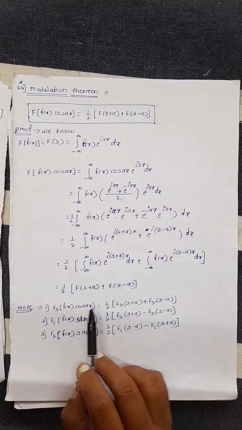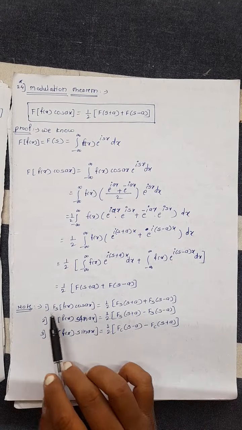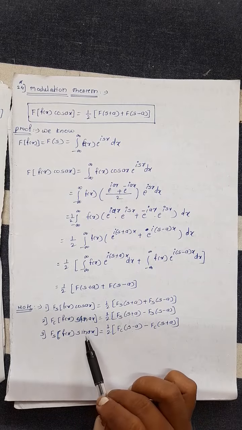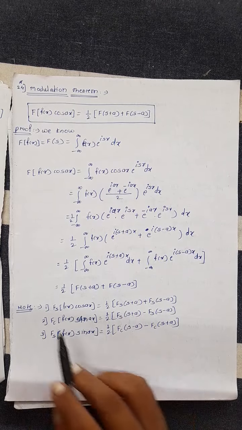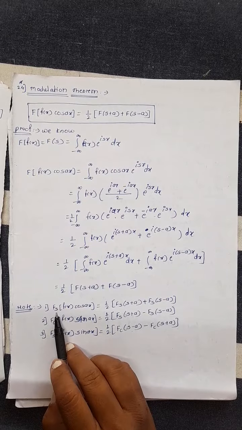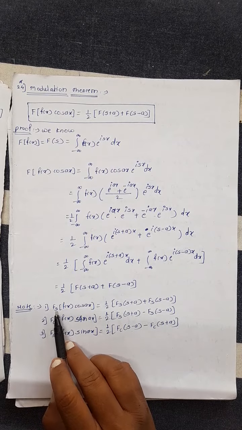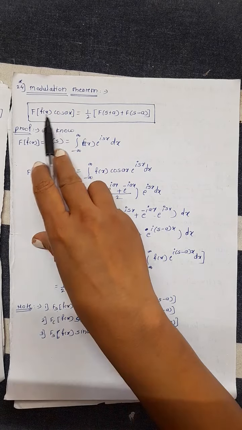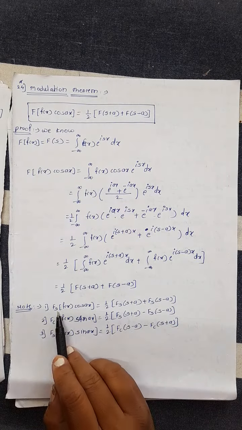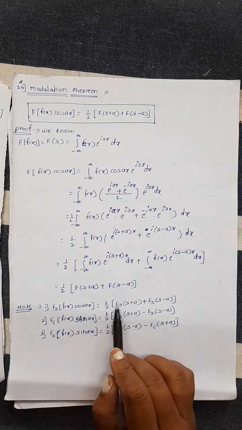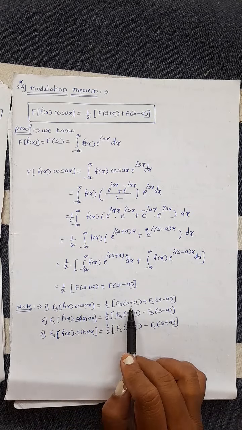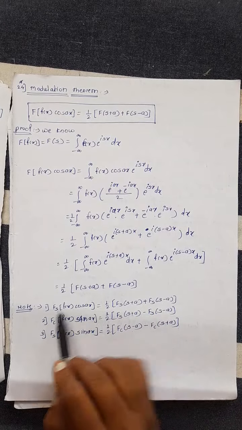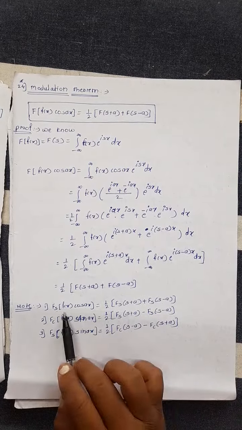Similarly, there are some results you can easily prove like this. Note, F(s) means Fourier sine transform of f(x) cos(ax). This is the general Fourier transform. The sine transform of f(x) cos(ax) is half into bracket Fourier sine transform of s plus a plus Fourier sine transform of s minus a. Same result as above, just replace here with Fourier sine transform Fs(s).